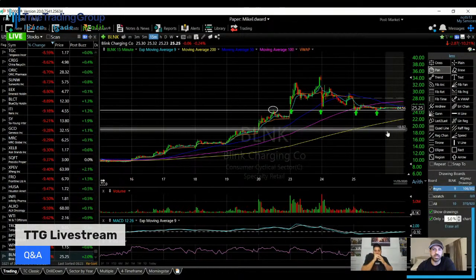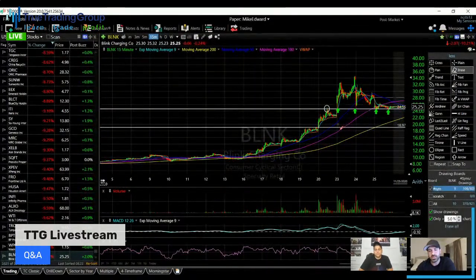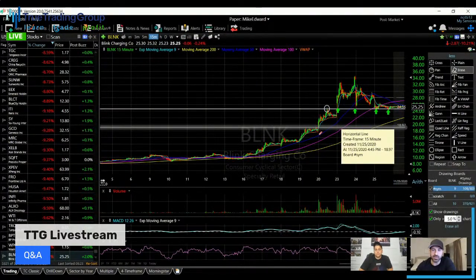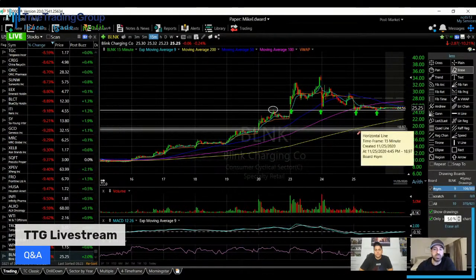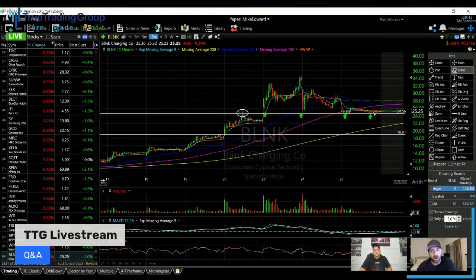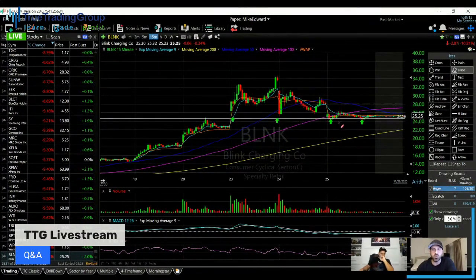And if we get a move down to 19, I'll be taking my profits, and I'll be looking at probably over 100% gain if we can get down there, depending on when that happens. I would not be surprised if we get a bounce off of this 24.50 area on Friday. What I'm going to have to really gauge is the strength of any bounce that we get off this level, because what I'm seeing right now is that the bounce off of this level is getting weaker and weaker.